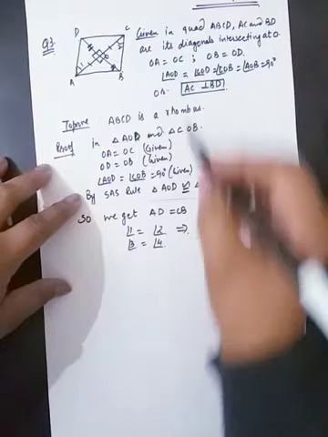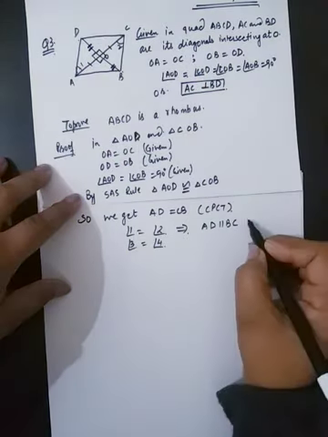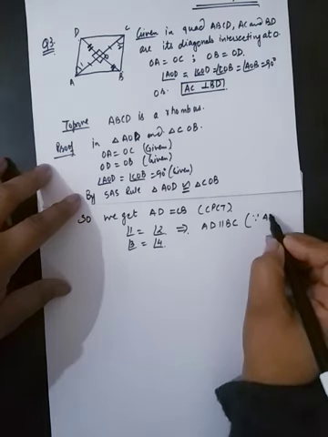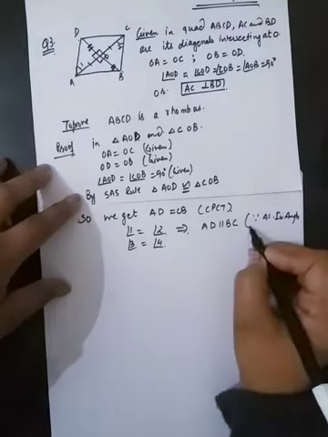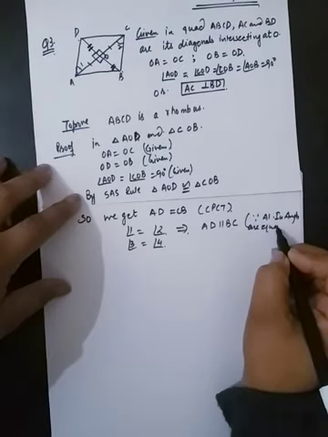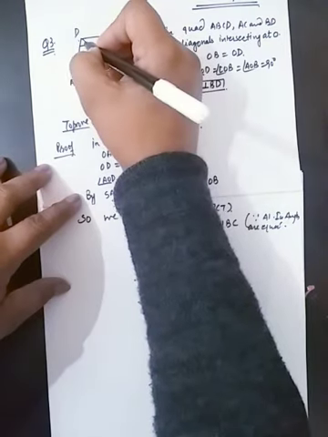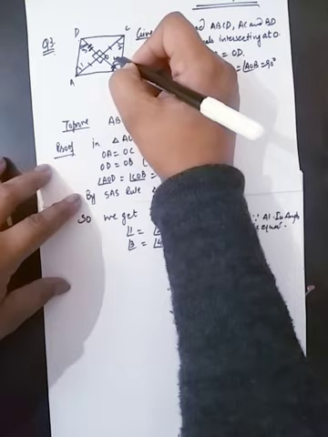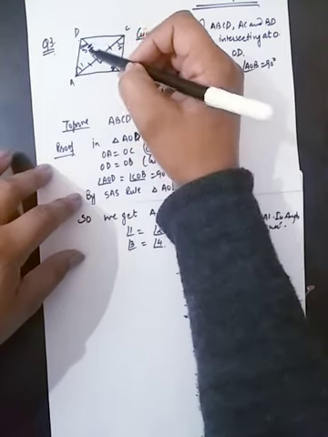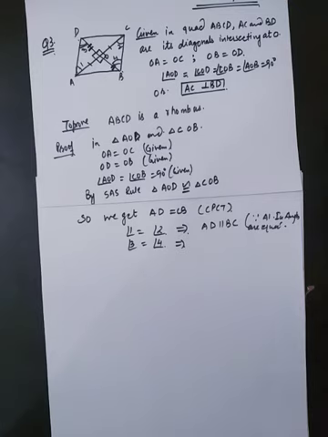Therefore, we can say that AD is parallel to BC because alternate interior angles are equal. Similarly, we get angle 3 is equal to angle 4, and angle 3 and angle 4 again are also made by these lines, so same thing is there.